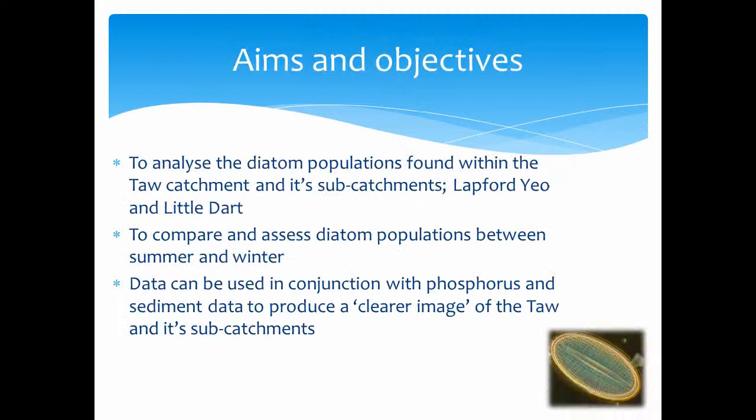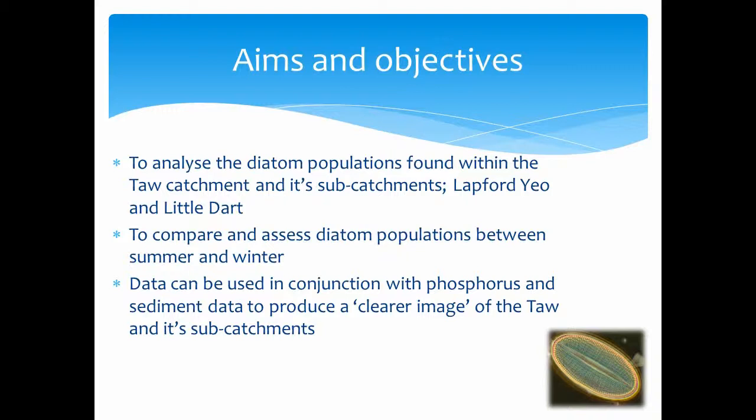Okay, so the aim and objectives of this project was to analyse diatom populations found within the Tor and its subcatchments, Lapford Yeo and Little Dart. This was then to analyse the compositions and then produce EQRs, which could then assign the ecological statuses to each catchment or sampling point.